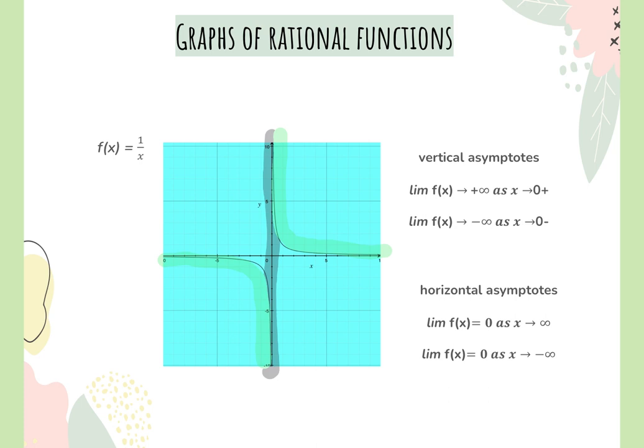and you're getting as close to that line as you possibly can without touching it. So all this notation over here looks weird, but it's the limit of f of x as it's approaching infinity. That f of x, which is the y coordinate, is approaching positive infinity as x moves towards 0 from the positive side, so from the right.